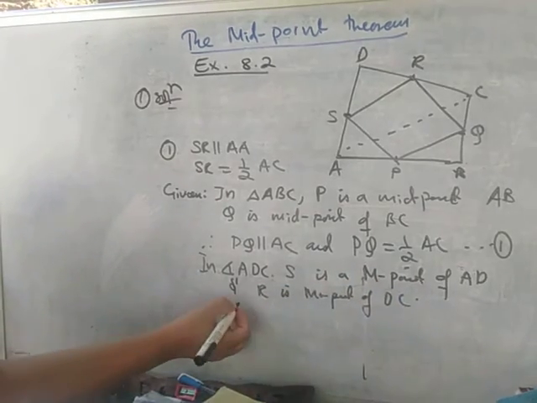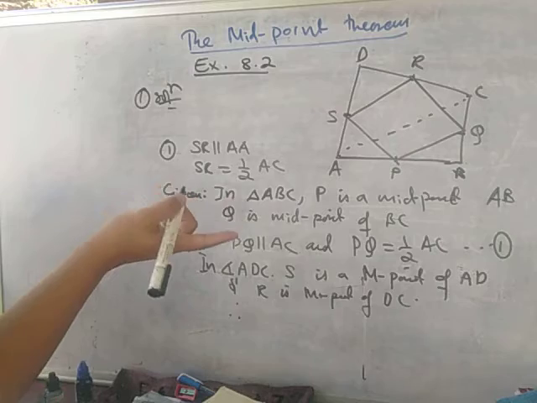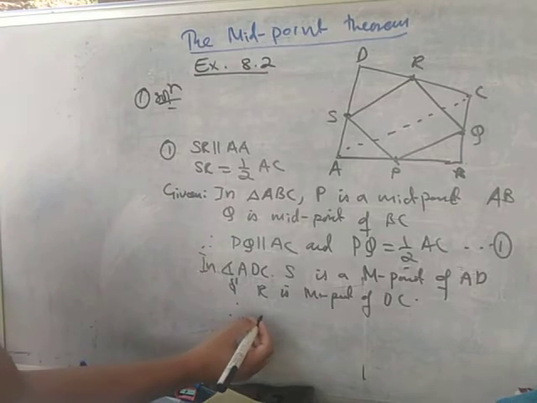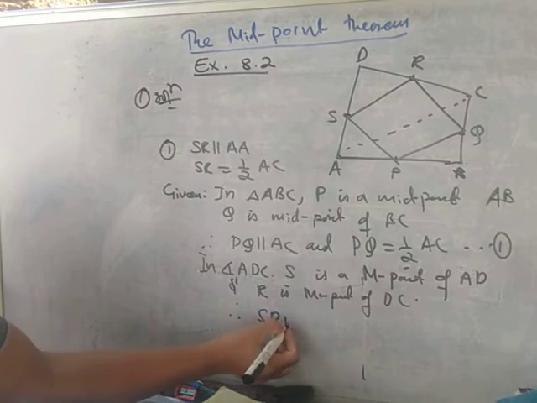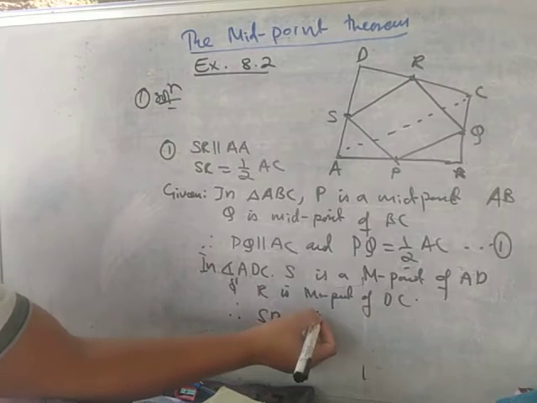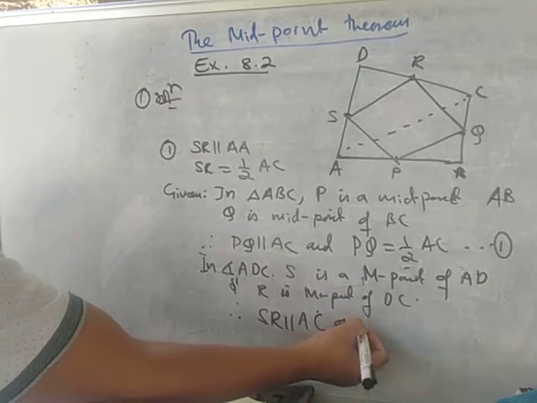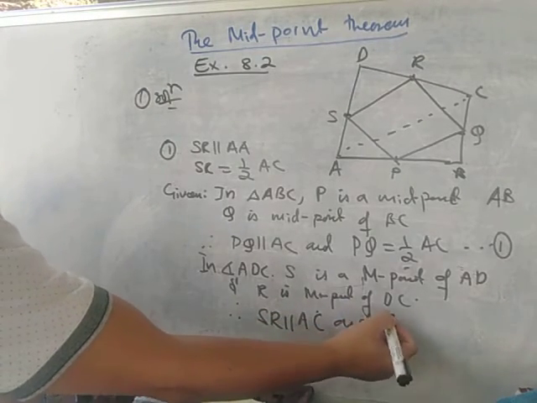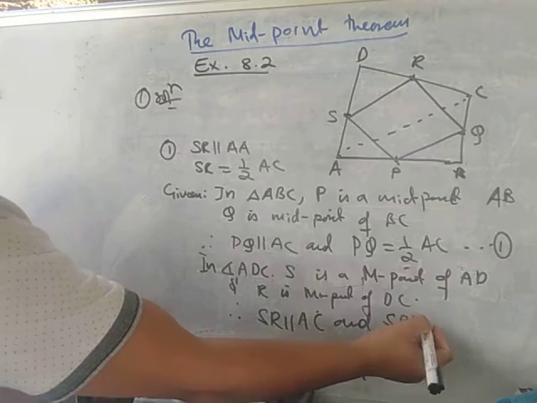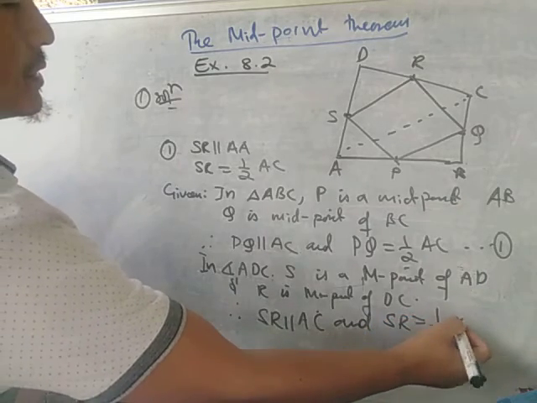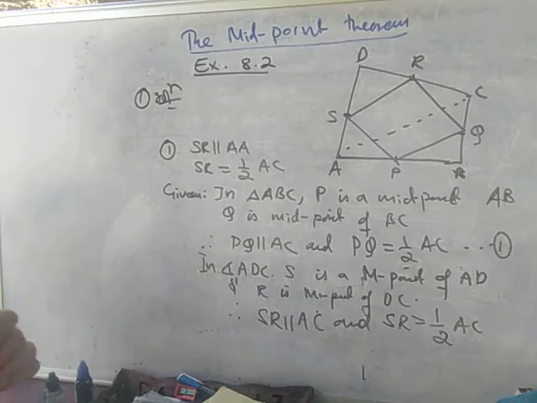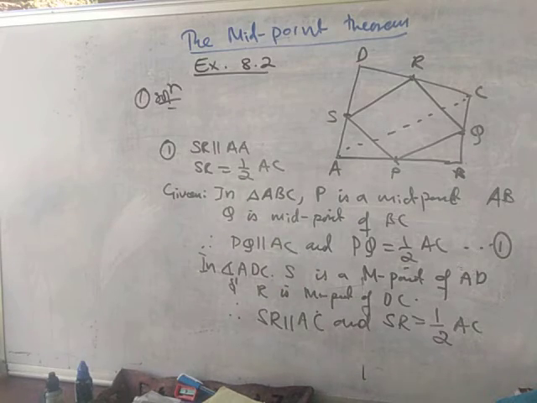So according to the midpoint theorem, SR is parallel to AC, and SR equals half of AC. Yes or no? Half of AC.